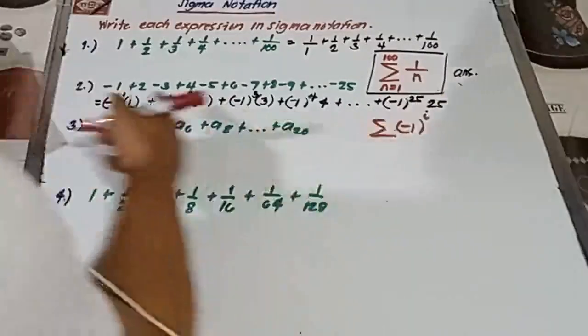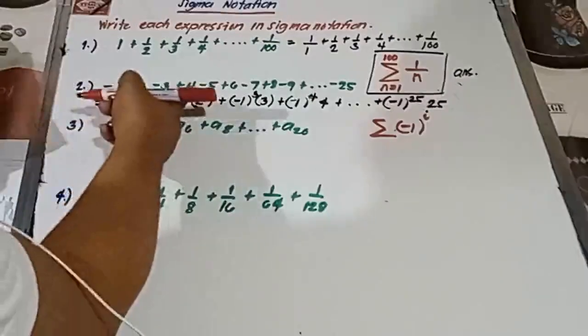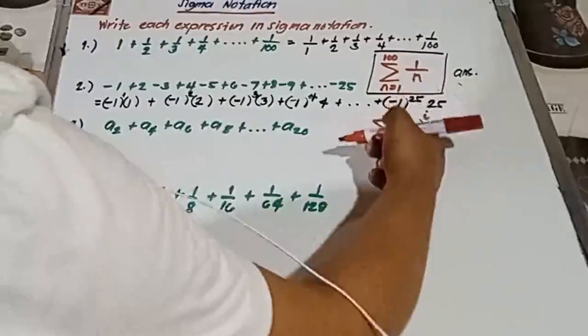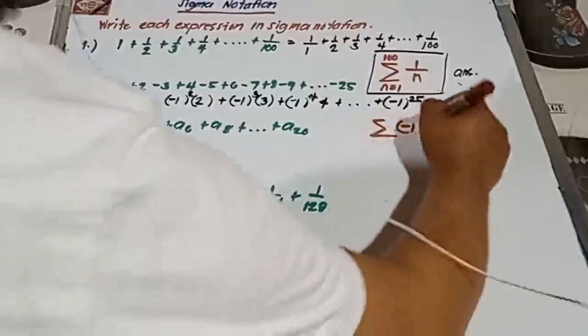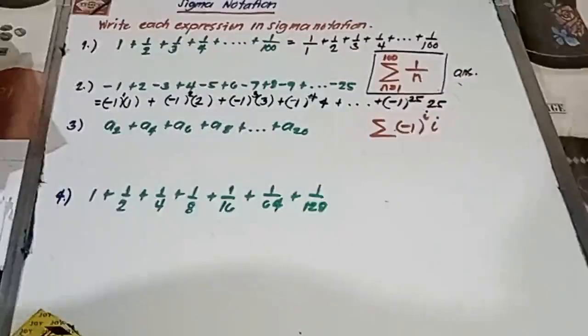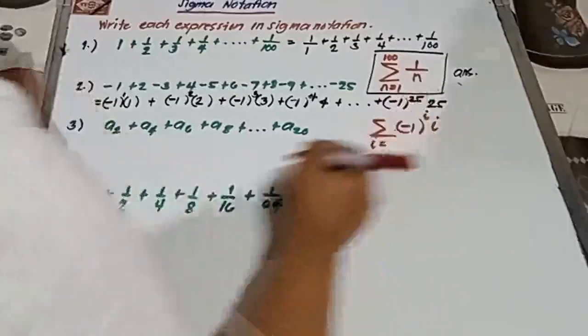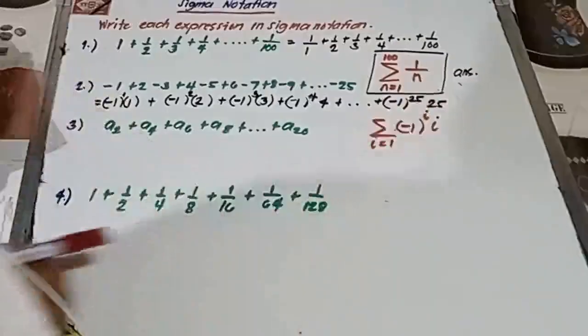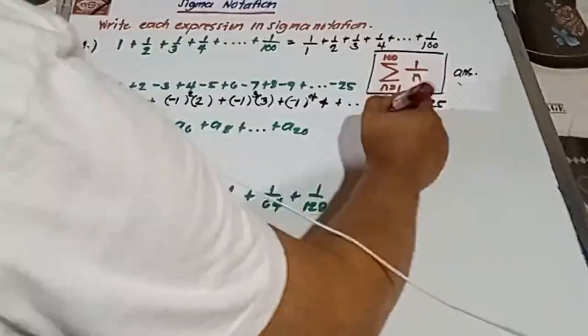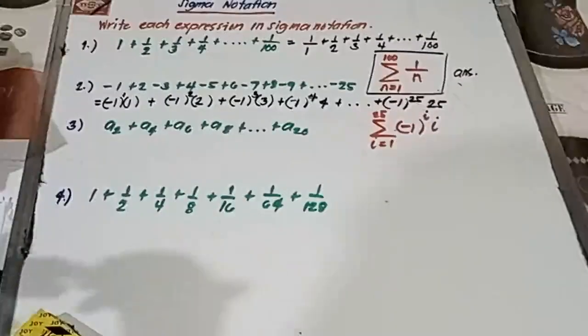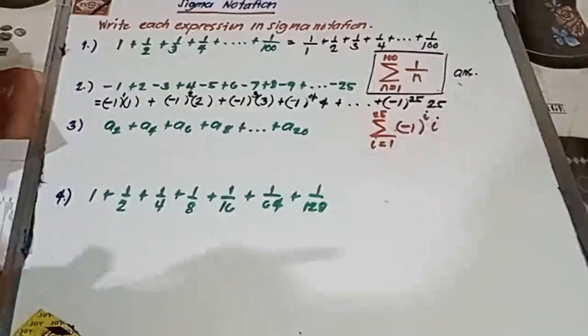So, kung ito ay 1, this is also 1. If this is 2, this is also 2. Therefore, if this is i, it should be multiplied also to i. Okay? And our lower bound is i equal to 1. Upper bound is 25. So that is our answer para dun sa ating example number 2.